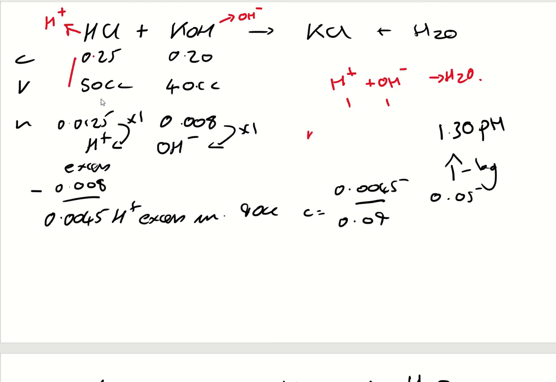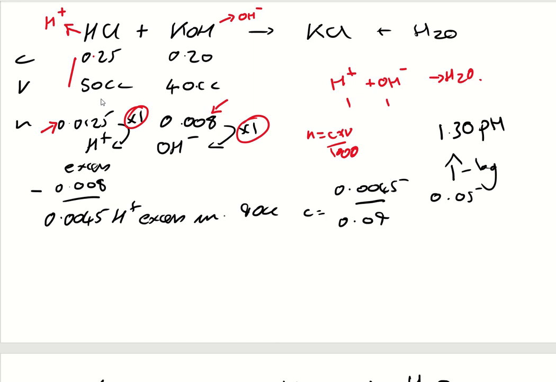Again, I just do n equals c times v over 1000, and there we go. There's your moles of acid, there's your moles of alkali. I multiply both of them by 1, or just keep it as it is, because each of them provides 1 mole of H+ or OH- ions, but this time the moles are not equal.